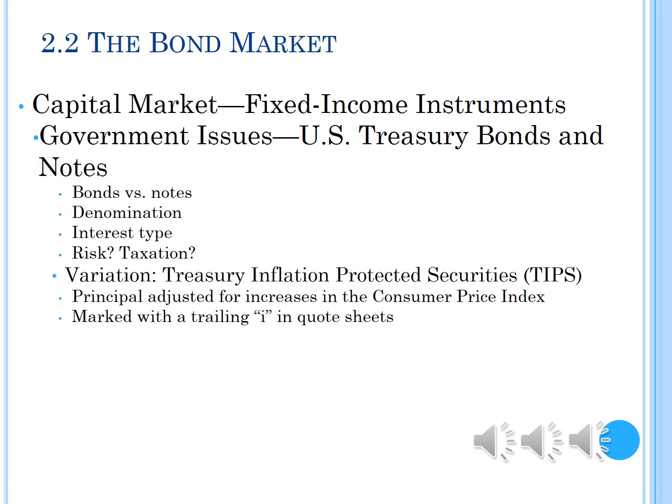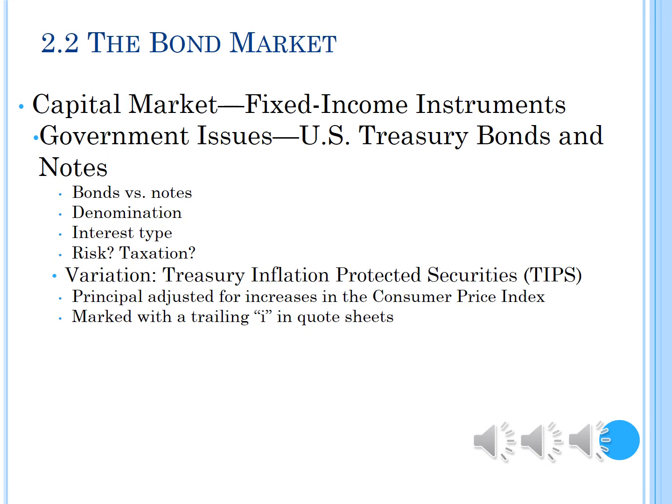Now, one common variation of treasury bonds is called treasury inflation protected securities. In the United States, these inflation protected treasury bonds are called TIPS. These are basically provided by governments to protect investors against inflation.